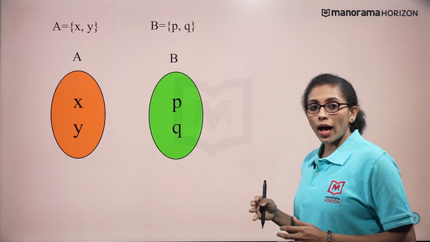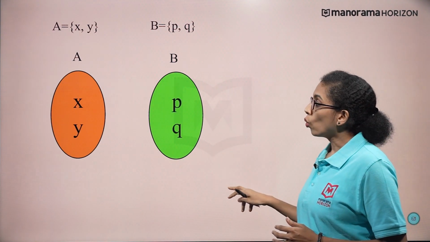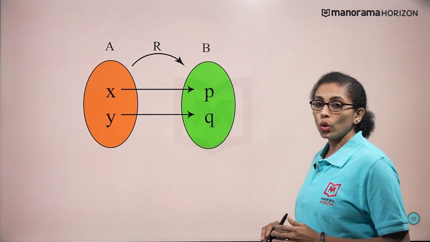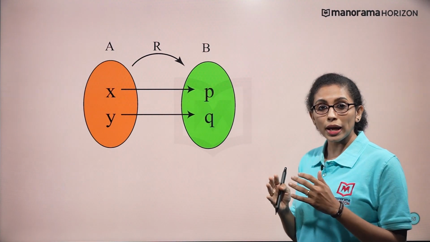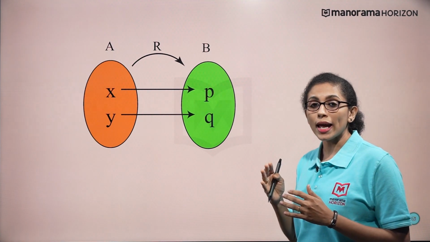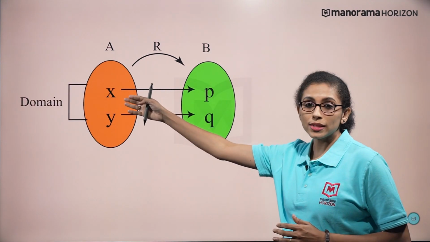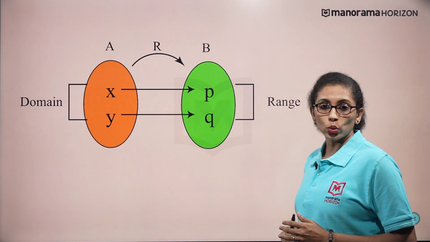When can we say that the relation from set A to B has one-to-one mapping? We can say that when each element in the range is an image of exactly one element in the domain. Here, the domain has elements x and y. Range has elements p and q.